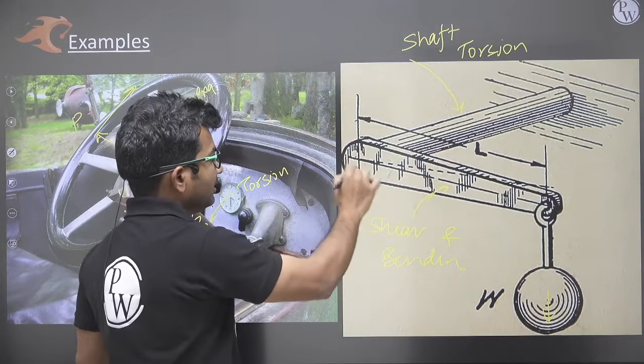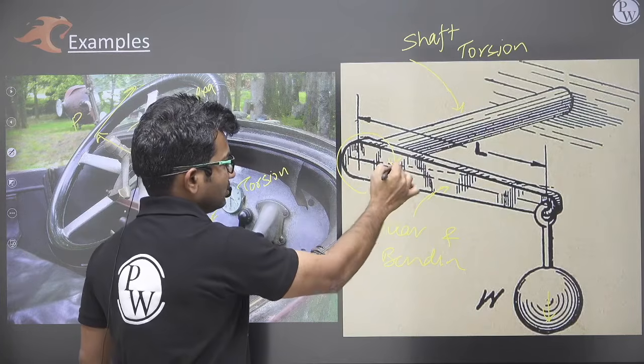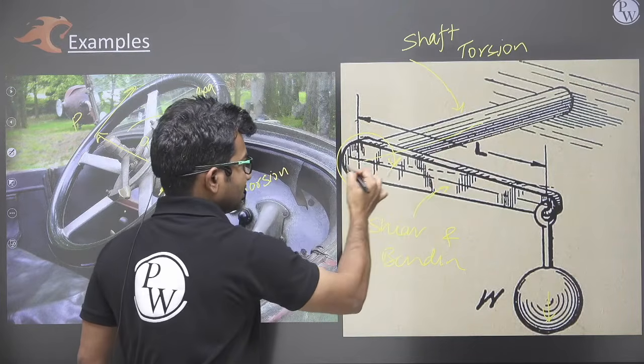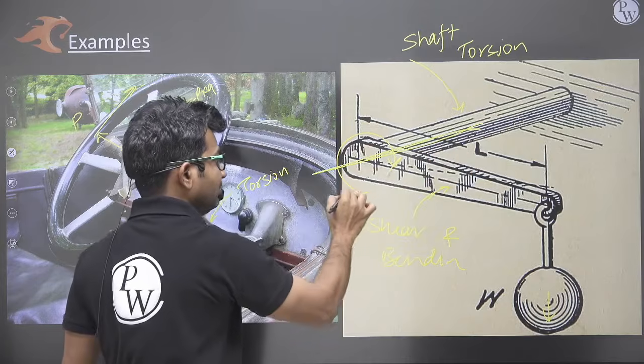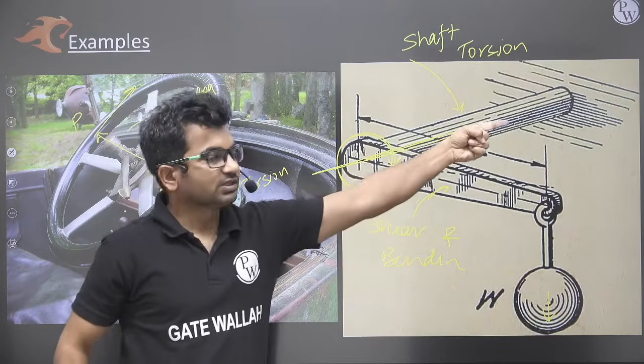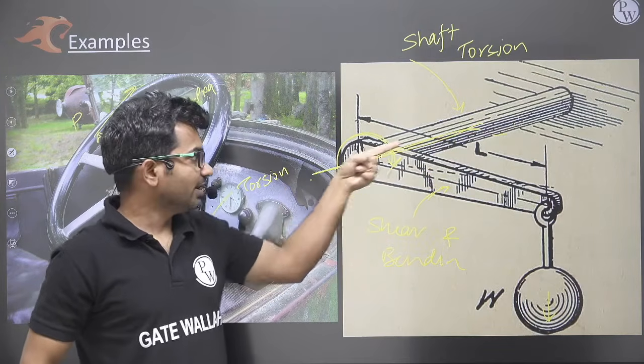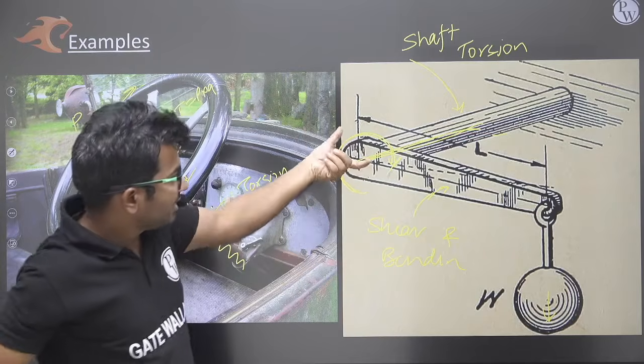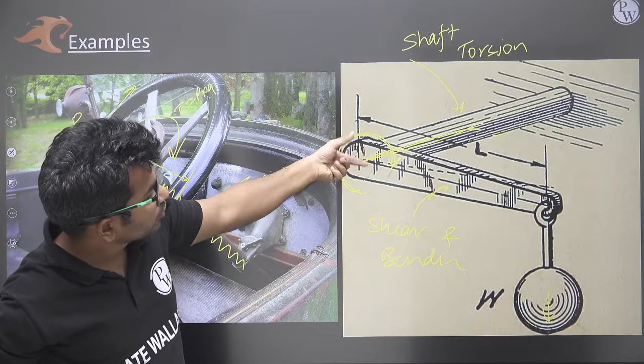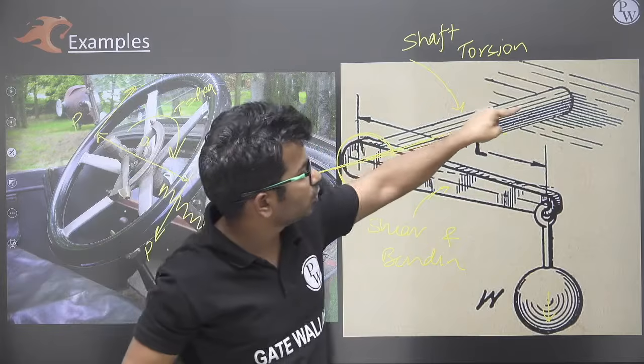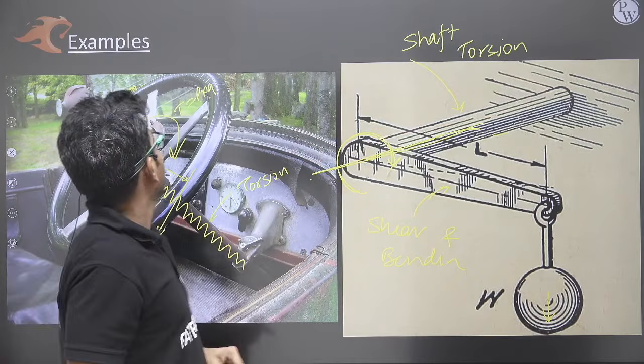In this part there will be torsion. About the central axis of this member there is a movement like this, and that will try to rotate it. So when it tries to rotate, there will be torsion in this part. So these are a few of the examples.